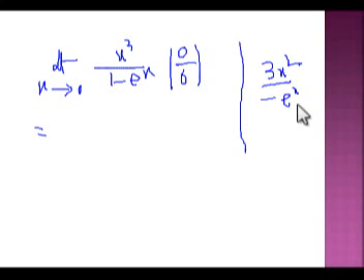Then you will get 2 into 1 minus e to the power x, and there will be minus 1 also.